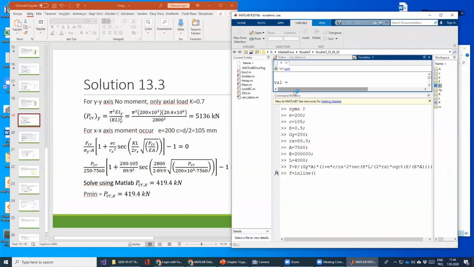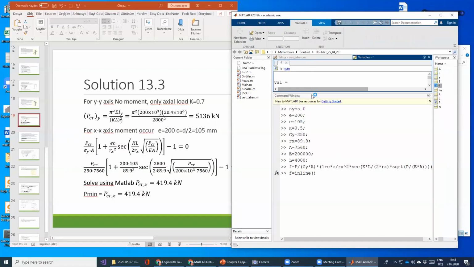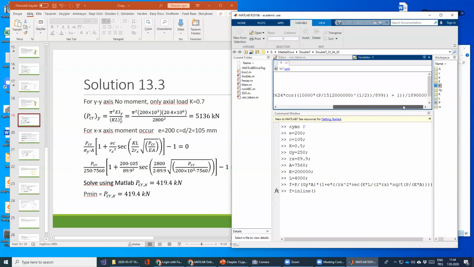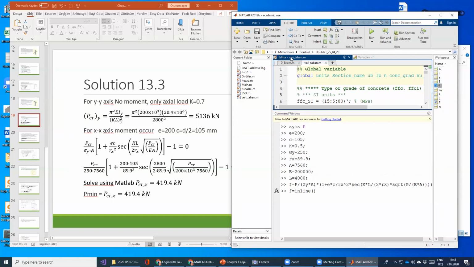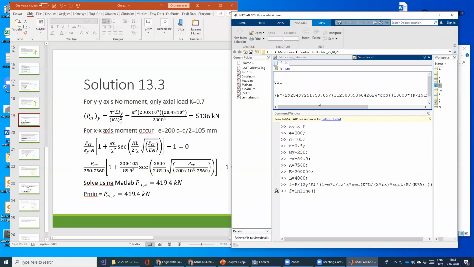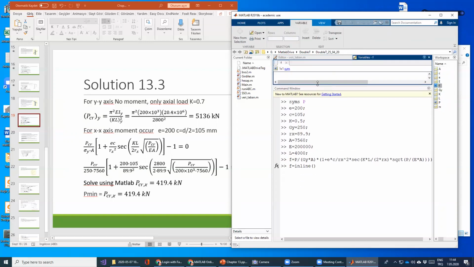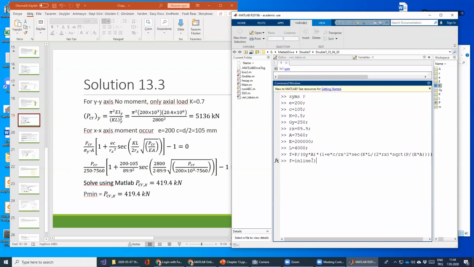Why are symbolic terms helpful? We can take derivatives, integration, and other things, but in order to solve this equation, unfortunately we have to convert f to a function. So inline is helpful to convert a symbolic term to a function.